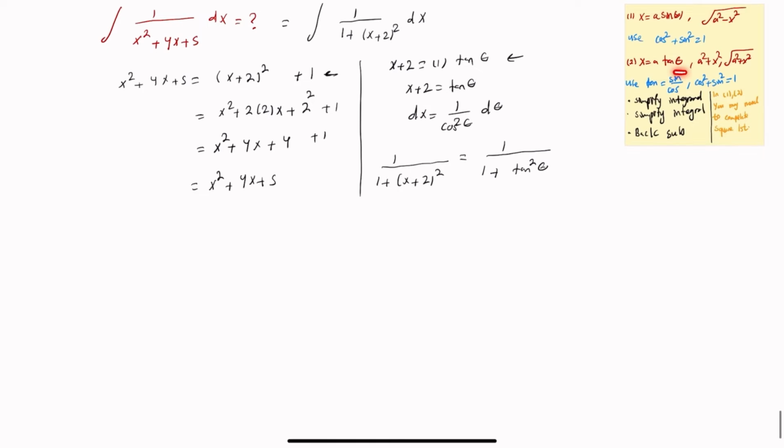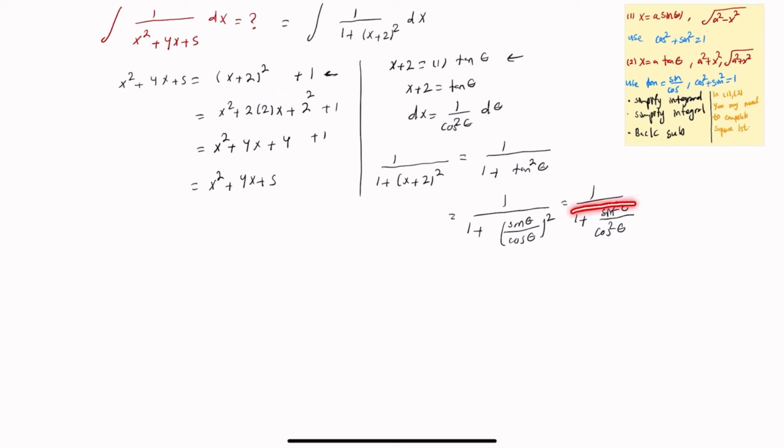Now I'm going to use tan of theta equal to sine of theta over cosine of theta. So that's going to be equal to 1 over 1 plus, and then sine of theta over cosine of theta, all squared. That's going to be equal to 1 over 1 plus, and then I'm going to distribute the square. So we'll have sine squared of theta over cosine squared of theta.